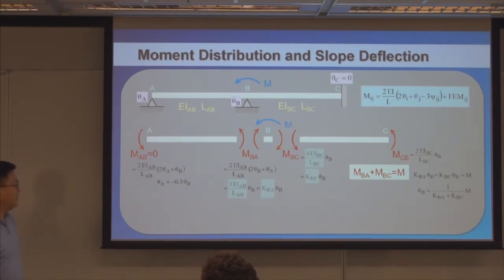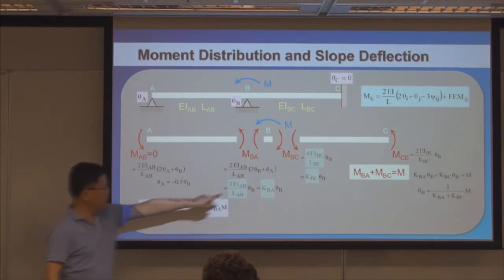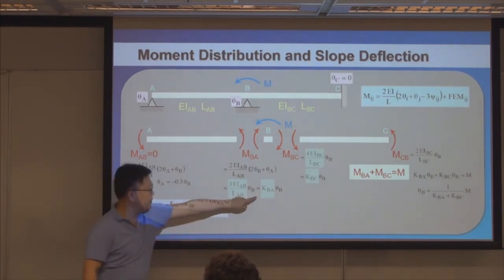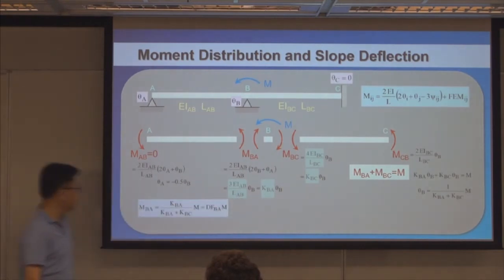So we do it one by one. Now this one you don't have to worry. You just take theta B, substitute it into this expression. Then MBA is equal to KBA over KBA plus KBC times M. So this is a coefficient. It's a function of the stiffness coefficients KBA and KBC.